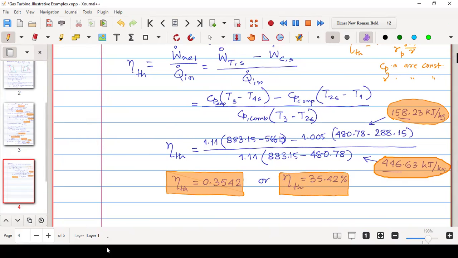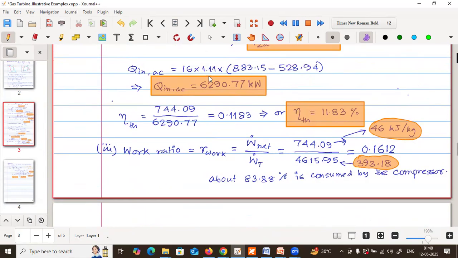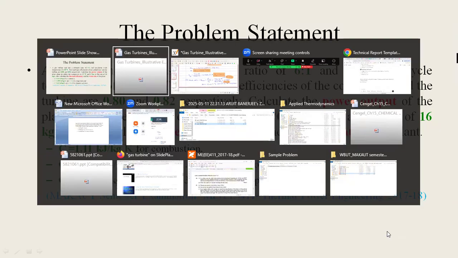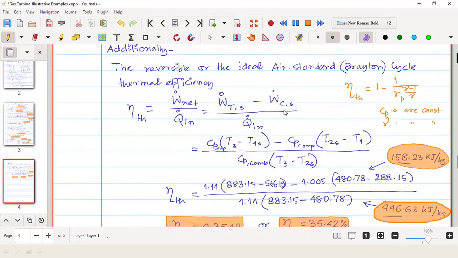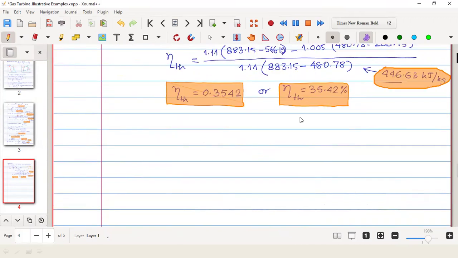Another quantity that we can additionally calculate here is the actual turbine exit temperature.